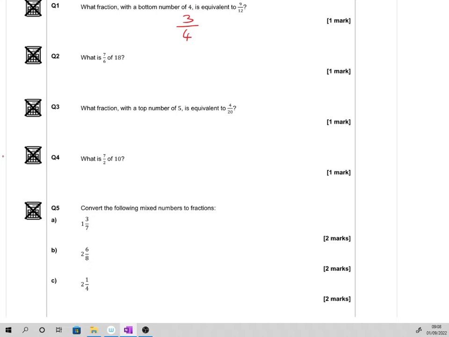What is 7/6 of 18? Right, so I'm going to do 7/6 times 18. Okay, I'll do it the long way. 7 times 18. Okay, I'll do that first.